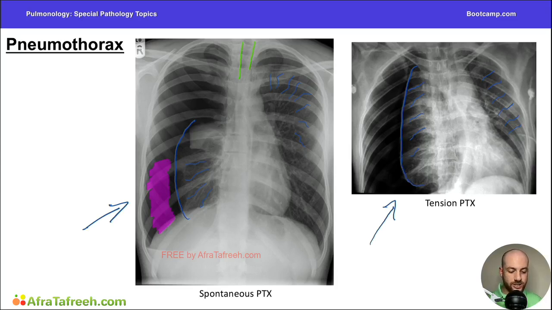And we can see just exterior to this border, we have this black air-filled space which represents the pleural space that has accumulated air. And two things just to note here, we can see the trachea, which is this darkened tubular structure here. It is shifted away from the side of the pneumothorax, which is suggesting that this is a tension pneumothorax. And furthermore, we can see the heart right here, the border of the heart, we can see it's almost touching the chest wall. It too has been pushed away from the side of the tension pneumothorax.